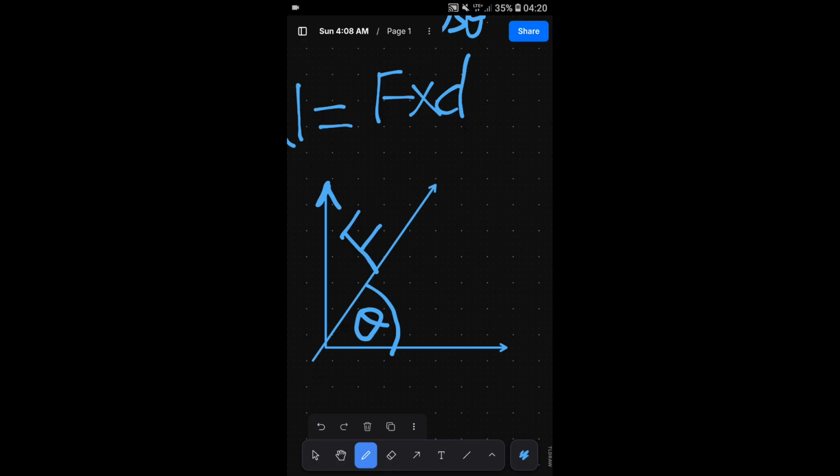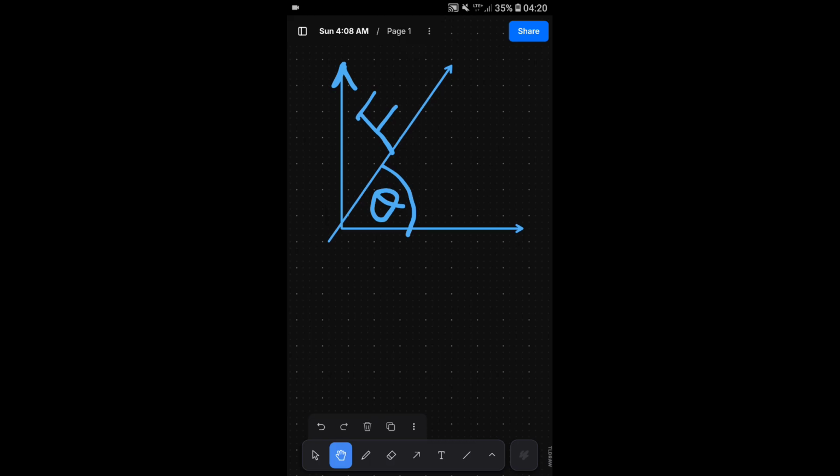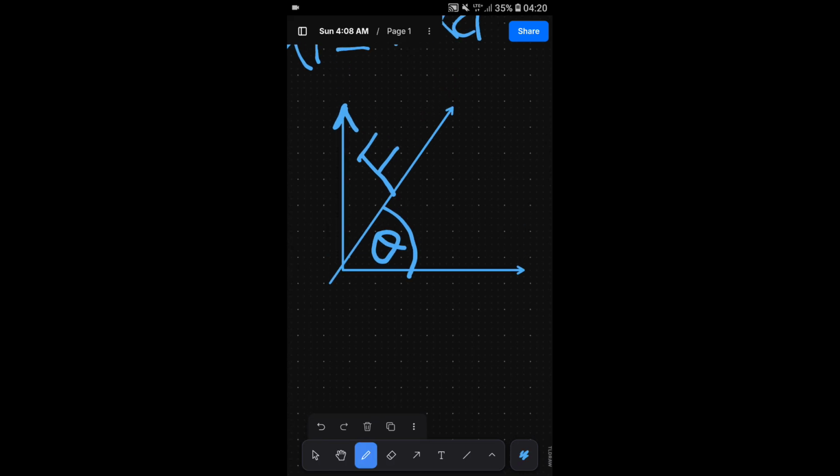So if we resolve this force into its horizontal and vertical components, just so you see this with clarity, we can draw a line here like this.